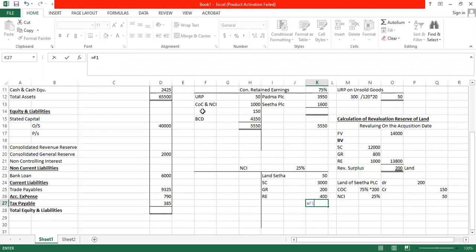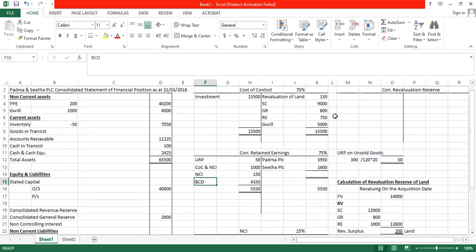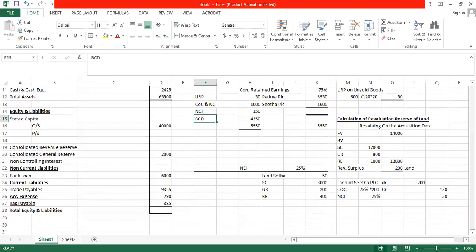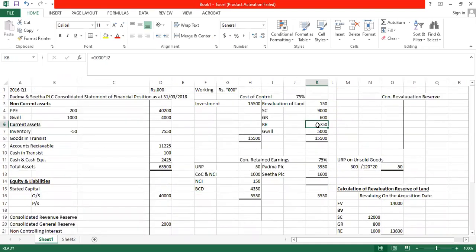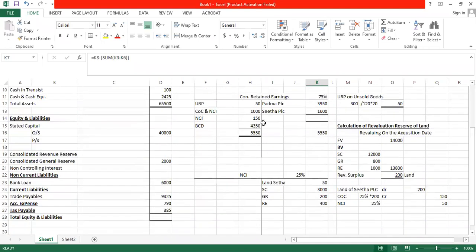So it is owned by the non-controlling interest. It's already here, right? In this 400, it's included. Because that 250 from this 1,000 plus this 150, it is 400.